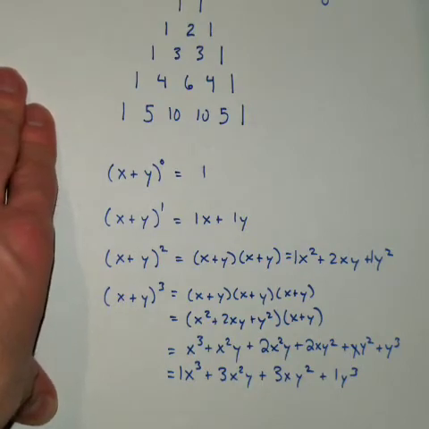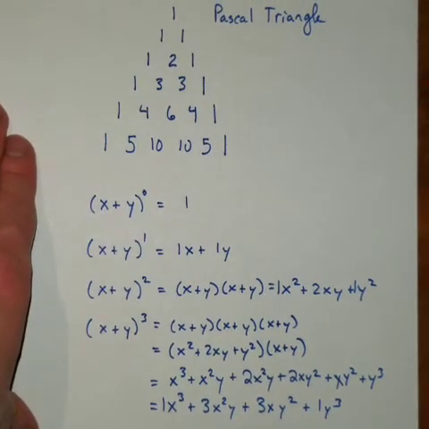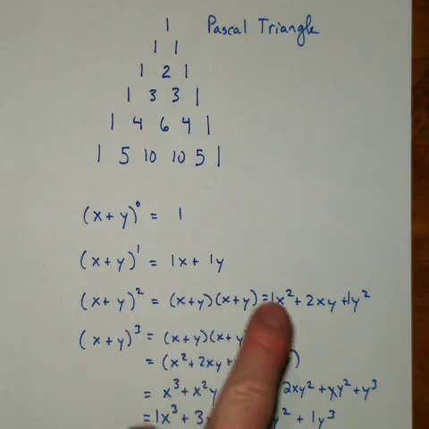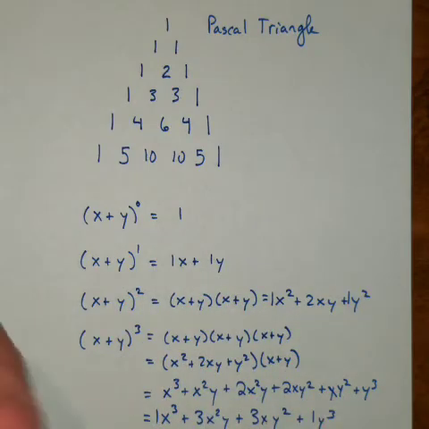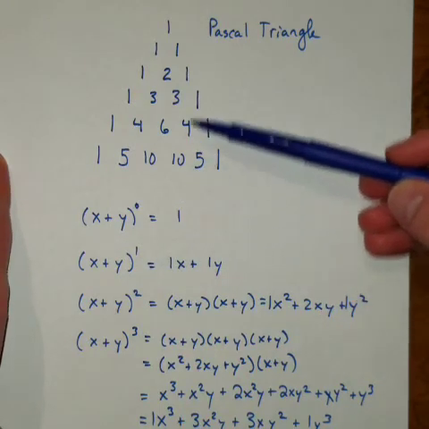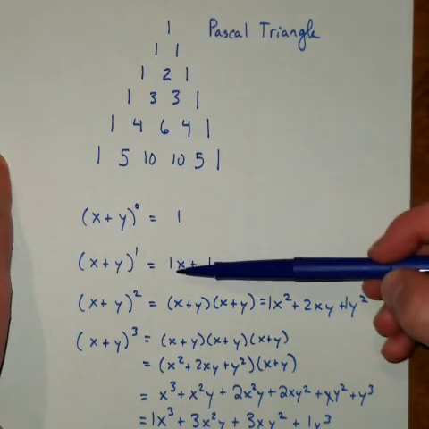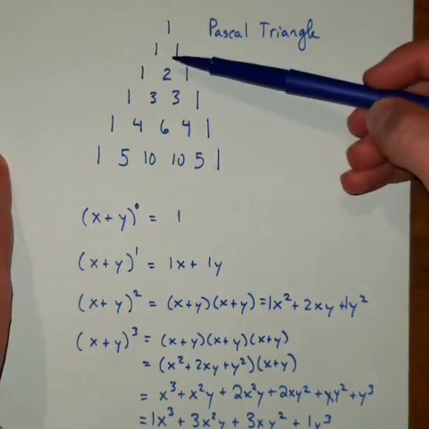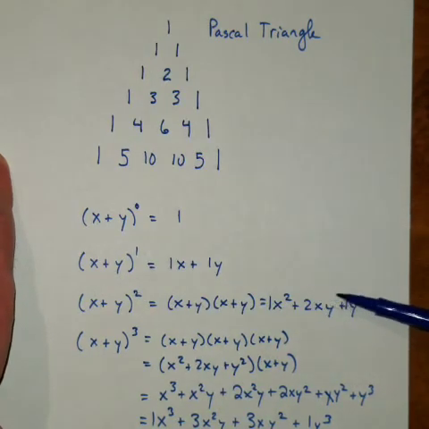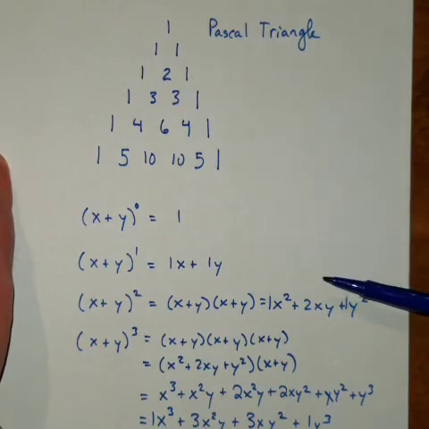What I want you to notice is that there's a relationship between Pascal's triangle and the coefficients of these binomial terms, or binomial powers really. And so first you have a 1, that's like the first row of Pascal's triangle. Then you have a pair of 1's, that's like the second row. Then when you square the binomial, you get the 1, 2, 1, which is the third row.